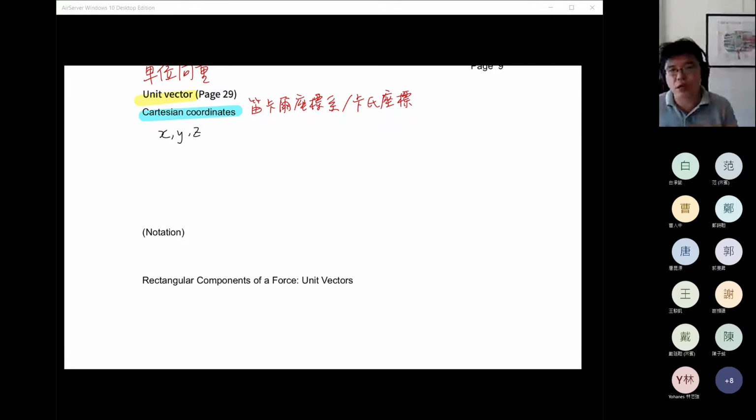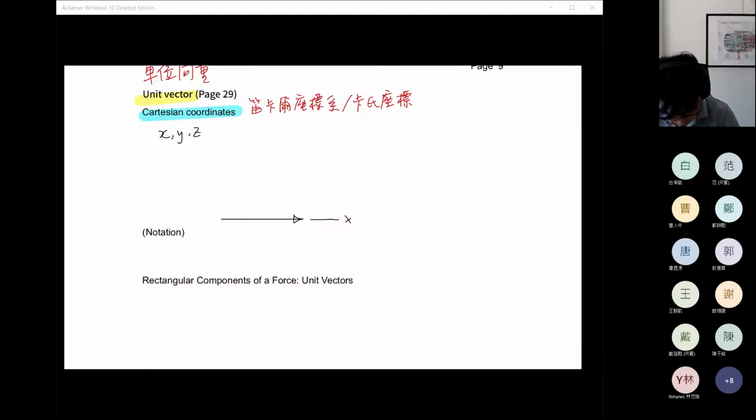Let us talk about 2D first. We have the x direction and y direction, and we have a vector F here.